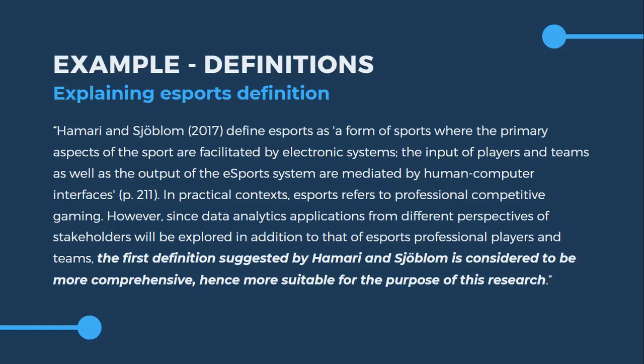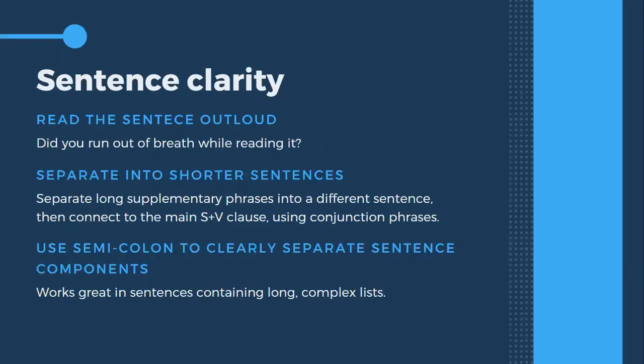After giving these two definitions, I specify that I will be using the first definition in the journal article because it is more comprehensive in terms of scope, which makes it more suitable for my purpose of the research. So I will be using the first one. That's what you can do in your writing: you can specify which definition exactly you are using to refer to certain words or phrases.